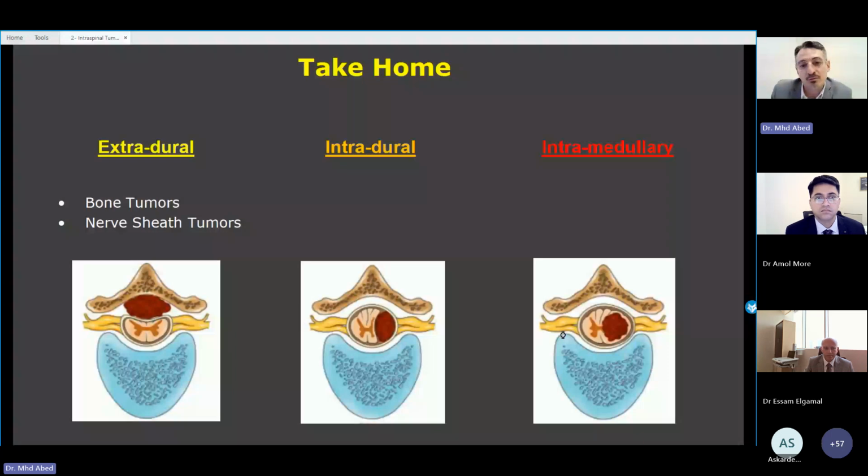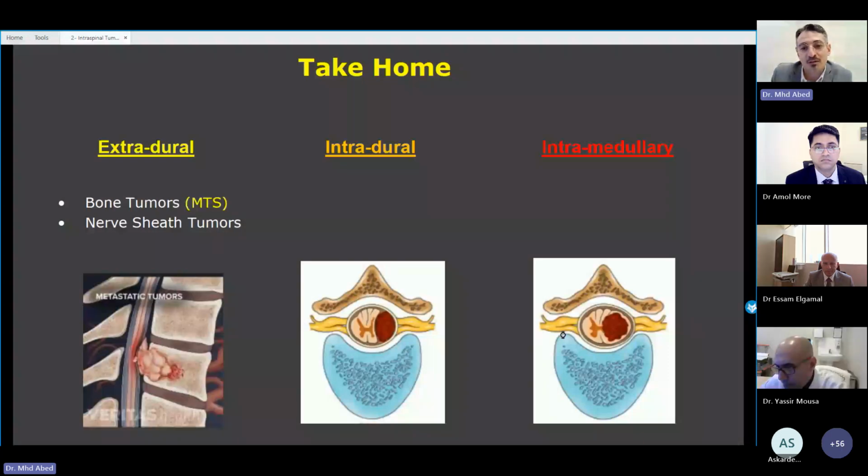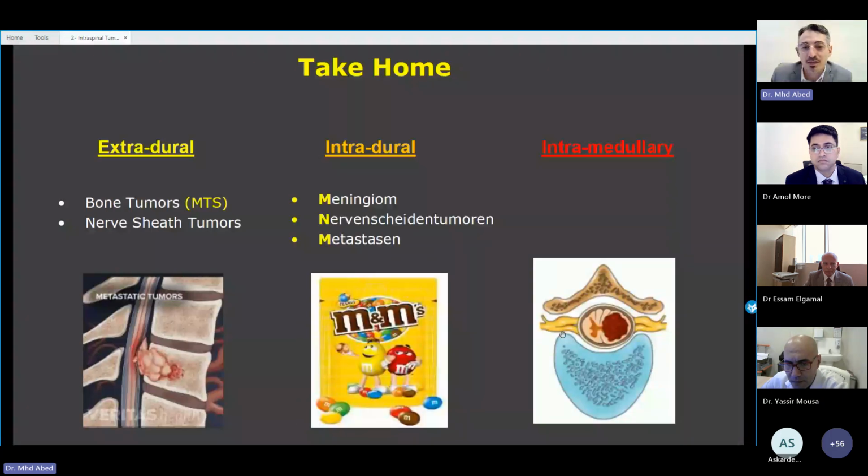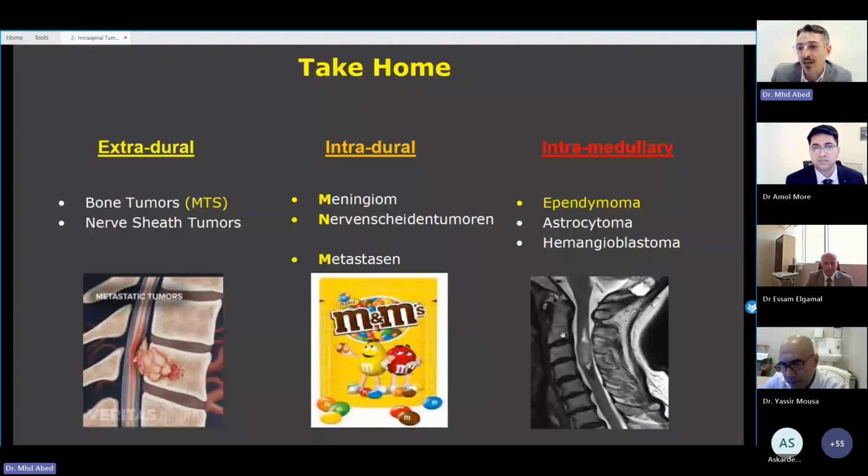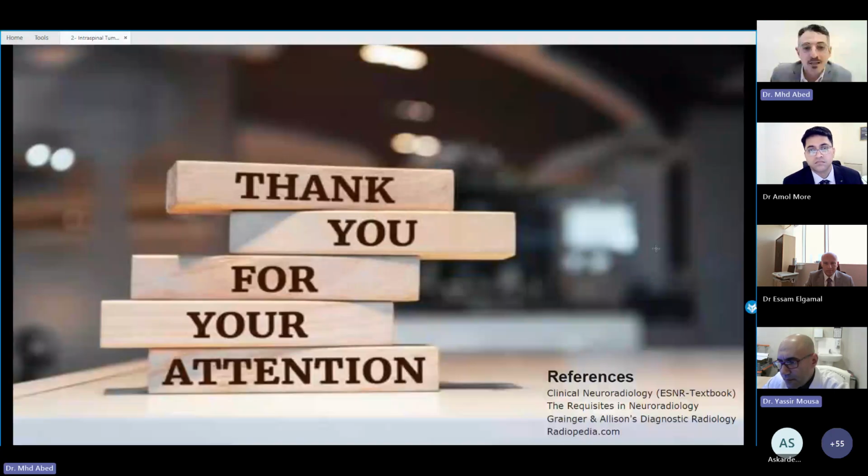In the intradural space, we have to think about the extramedullary lesions, and the most common are nerve sheath tumor and meningioma. And intramedullary, we also have the three most common lesions. Mostly the ependymoma is the most common one, and astrocytoma is common in children, and hemangioblastoma. Just look if the patient has any brain MRI to be more oriented. Thank you very much.